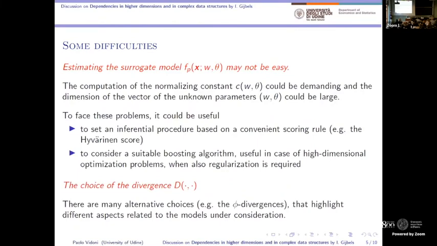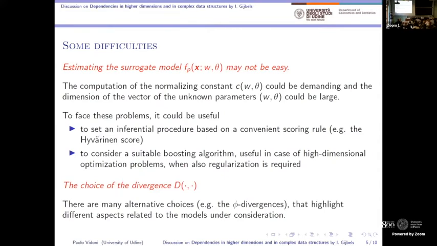Moreover, to deal with a large dimensional parameter vector, one possibility is to specify suitable boosting type algorithms for an optimization procedure useful in this multidimensional setting, which also perform a sort of regularization.